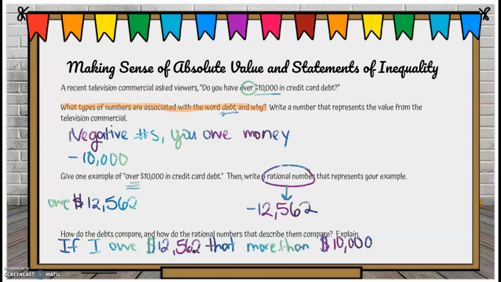And I also know that negative 12,562 is less than negative 10,000.